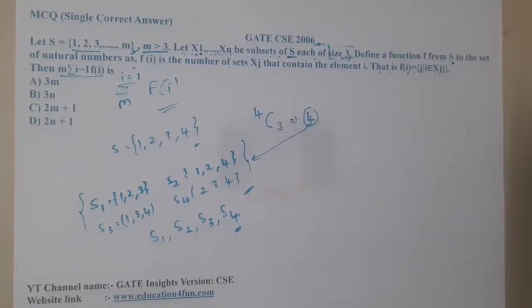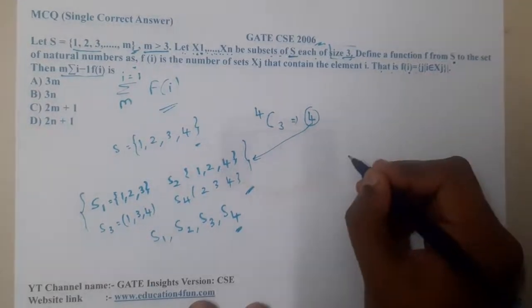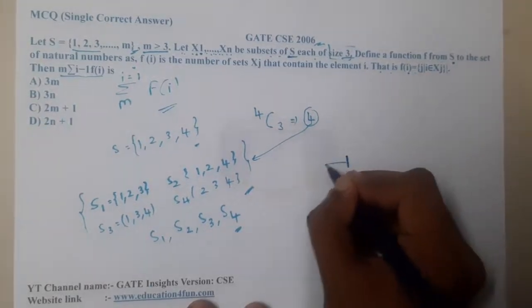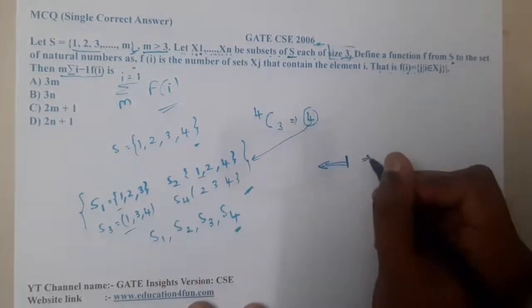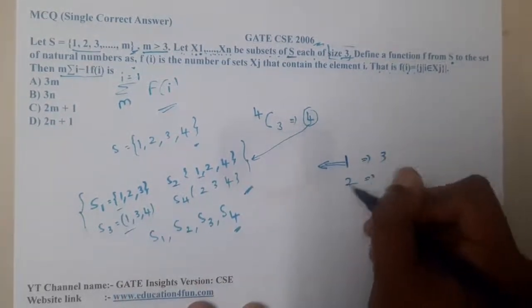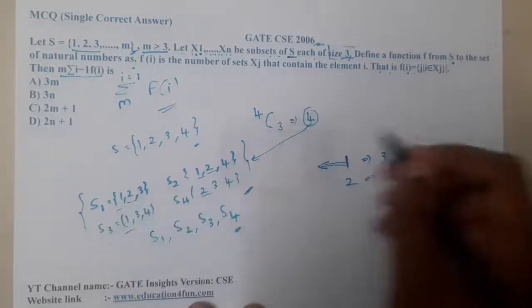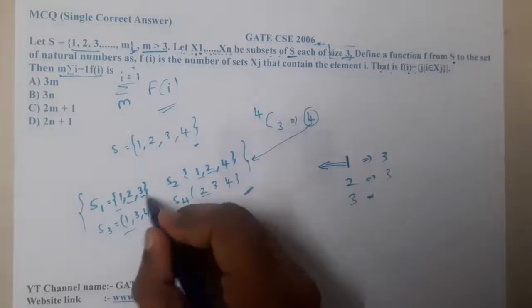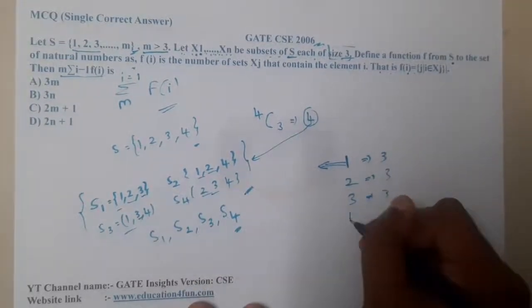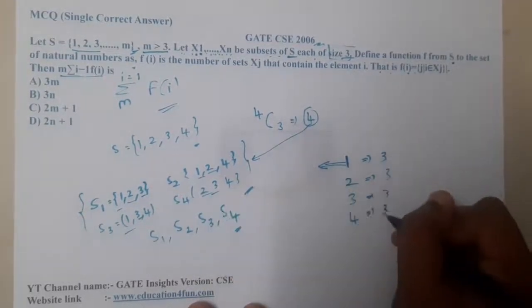If we select a particular number 1, in how many sets is it? It is in a total of 3 sets. What about 2? 2 is also in 3 different sets. What about 3? 3 is also in 3 different sets. Similarly, 4 is also in 3 different sets.